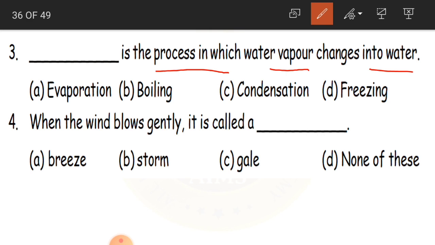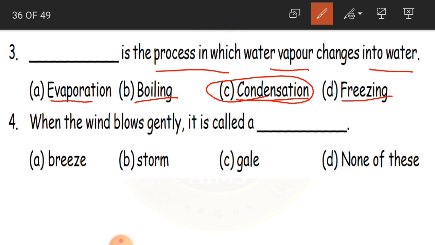So when this air gets cooled down, then this water vapor changes into water. And this process is known as what? Either evaporation, boiling, condensation or freezing. And the answer is C option, that is condensation.